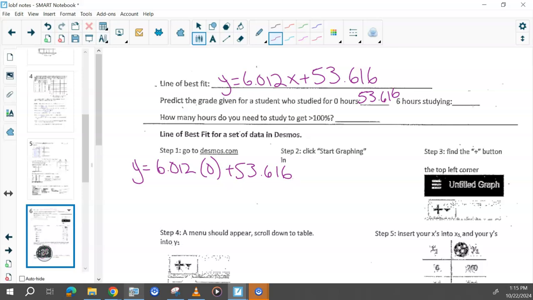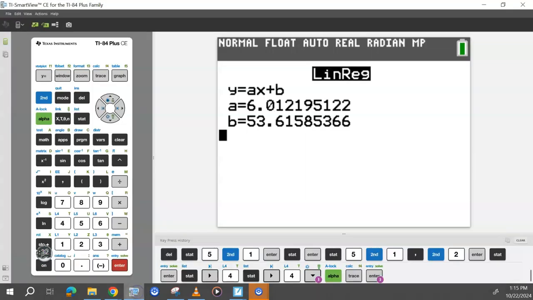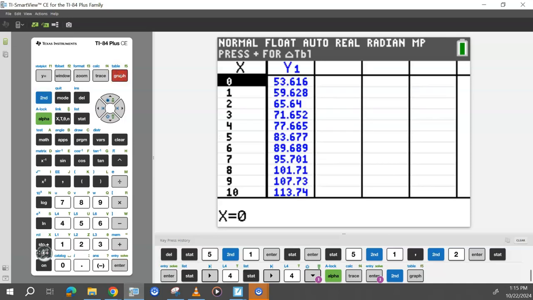Okay. Now, for 6, we could put that in, but instead I'm going to show you how to do that in the calculator. So this part only works if you did the store regression part. If you did not do that, this will not work. You go into your table, second graph, then you can find any value.